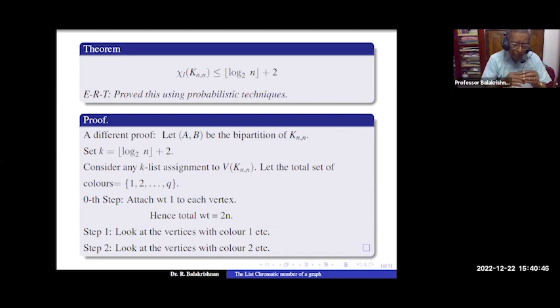So first I look at all these lists and find out which ones have color 1. Suppose for instance, I mentioned let A, B be the bipartition. In the top portion A, suppose there are 10 vertices that have color 1.